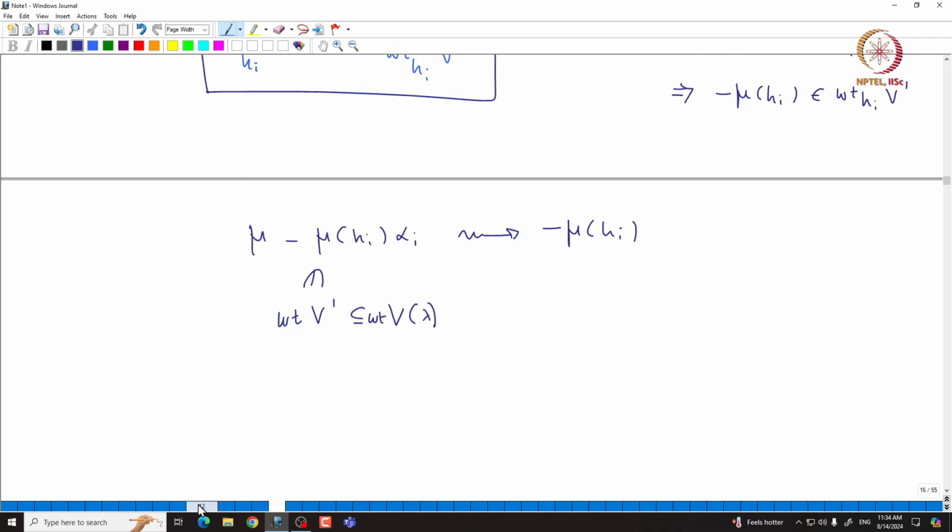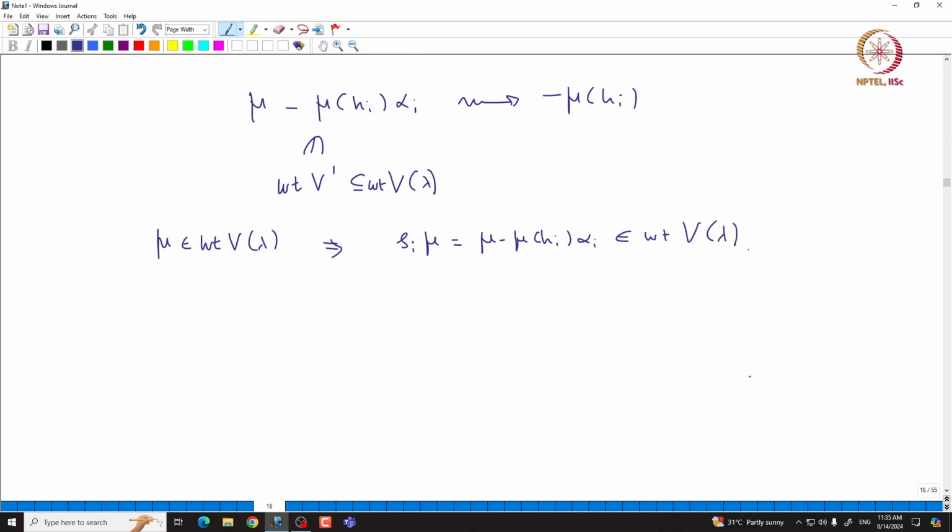So, this analysis indeed says that whenever mu is a weight of V lambda, then that implies S_i of mu, which is mu minus mu HI alpha I, is indeed a weight of V lambda. So, this actually tells us that S_{n+1} acts on the weights of V lambda. Okay. So, that is something very clear.